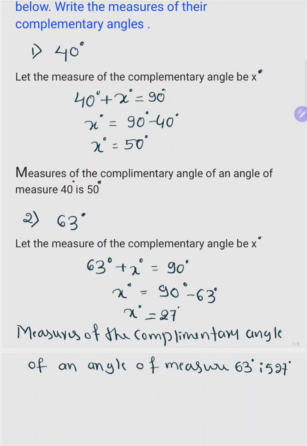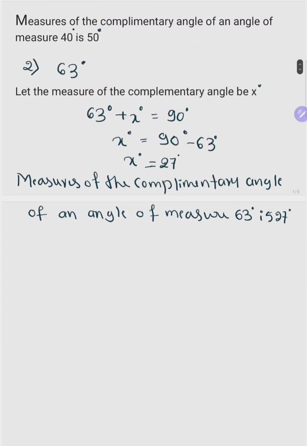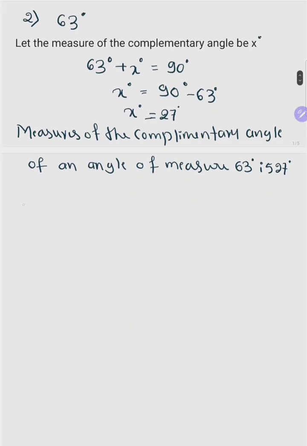This is the complementary angle. And the third one. What is the third one?